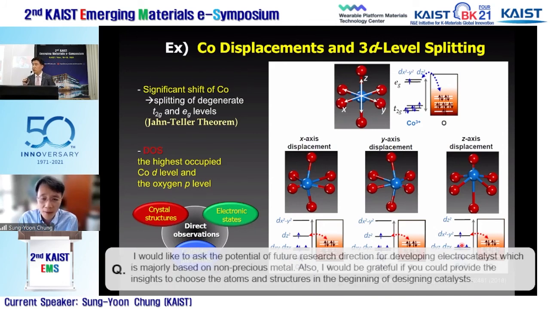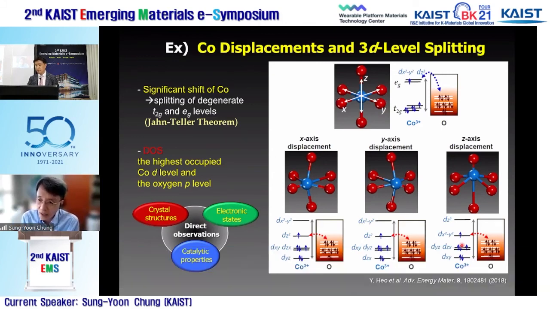Okay. Next question. I would like to ask about the future research direction for developing electrocatalysts, which are mostly based on non-precious metals. Do you have any comment on the future research direction? I think one of the big challenges in the current direction is that high activity is also important, but the current focus is durability.